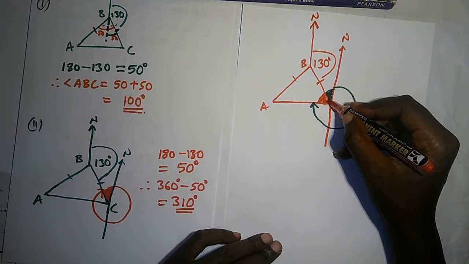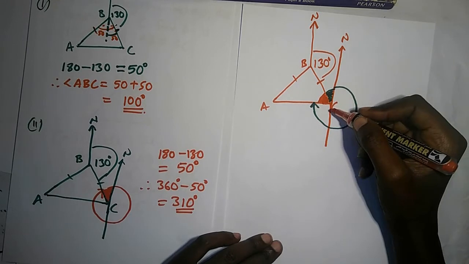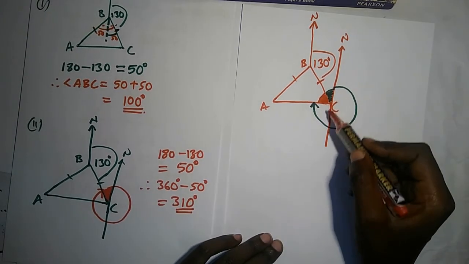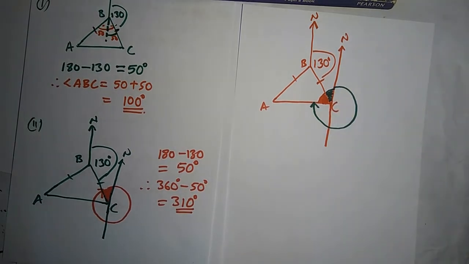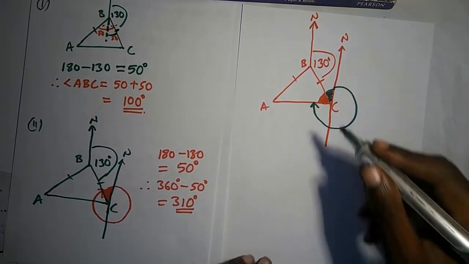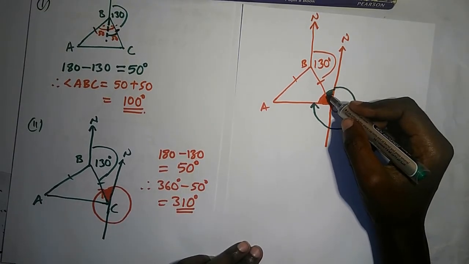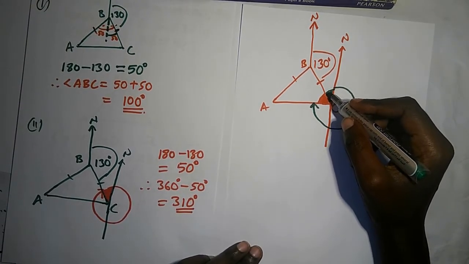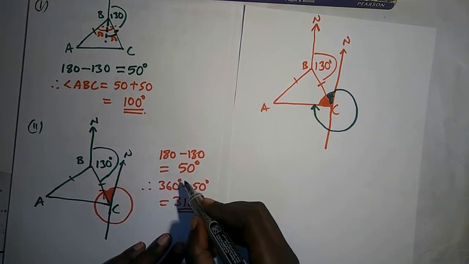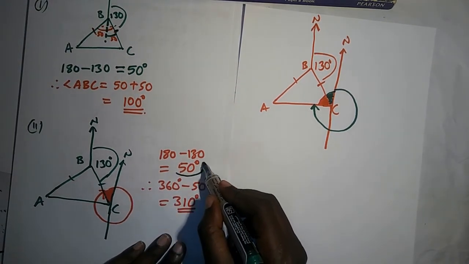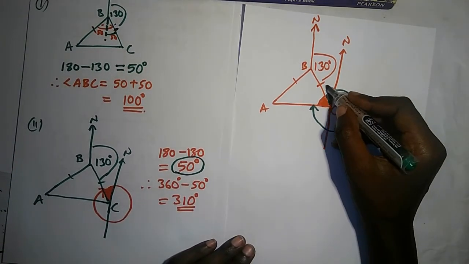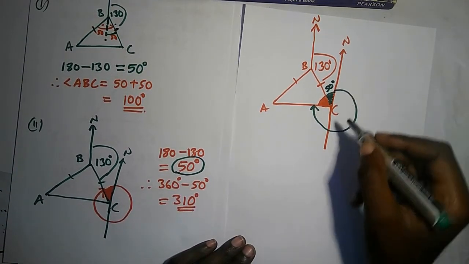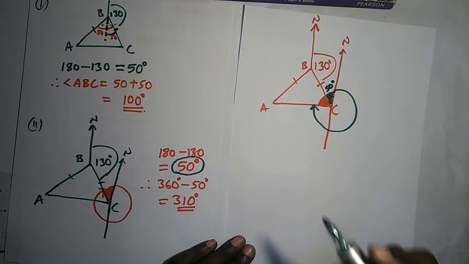So we are going to calculate these two angles, the red angle and the green angle. That will be the first step that we are going to do. And so for the green angle, we've already found it. It's actually here. This 50 degrees that we found here. So we have 50 here. So all we need now is to find the red angle.